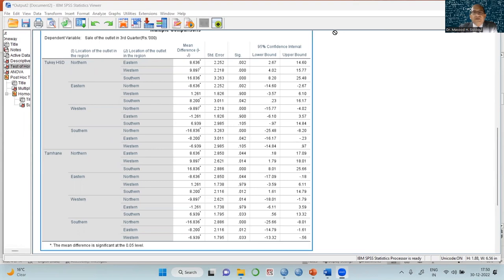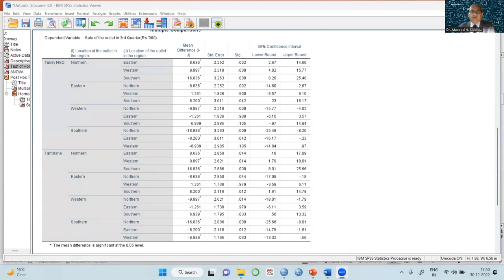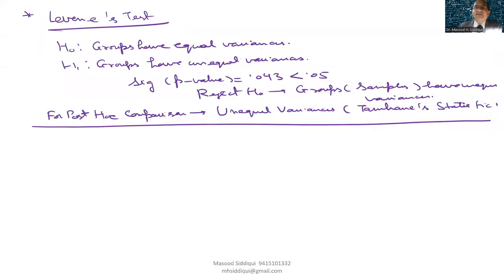Now we are discussing these results, and so we are discussing the Tamhane test with the hypothesis as mu1 equals mu2. So here the groups that are to be compared is northern with eastern. Then we have northern with western.